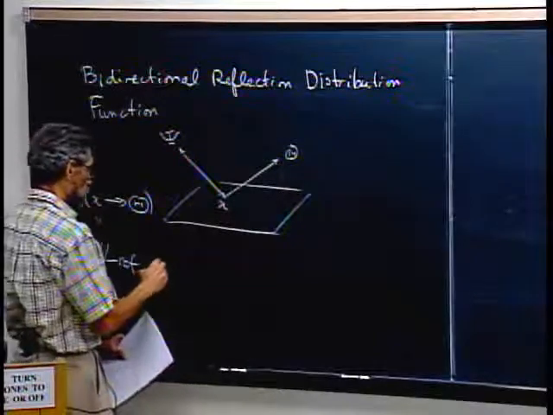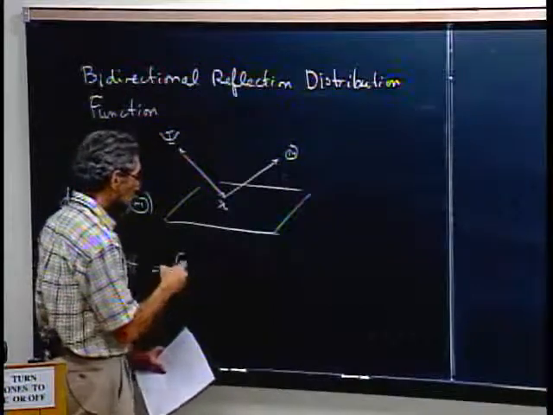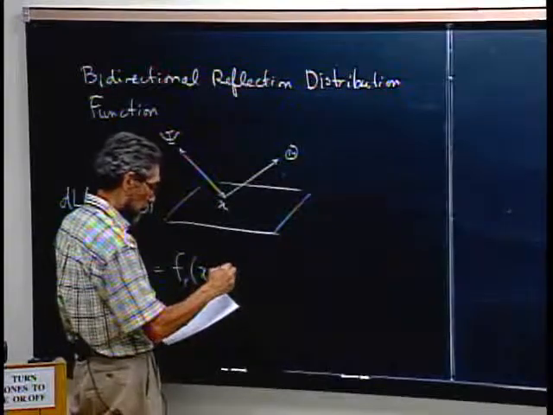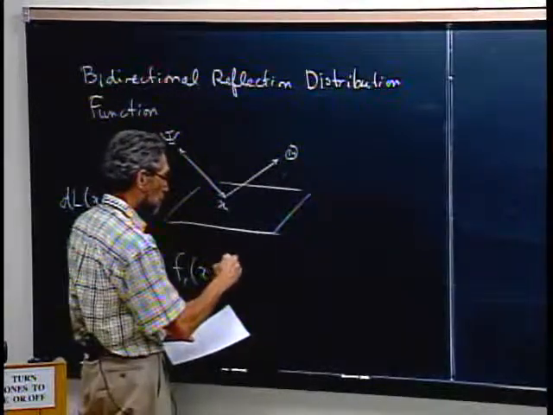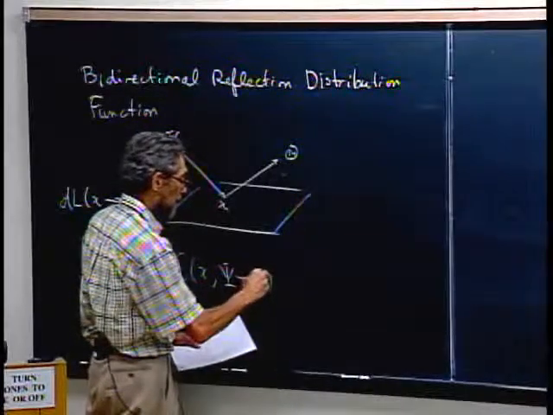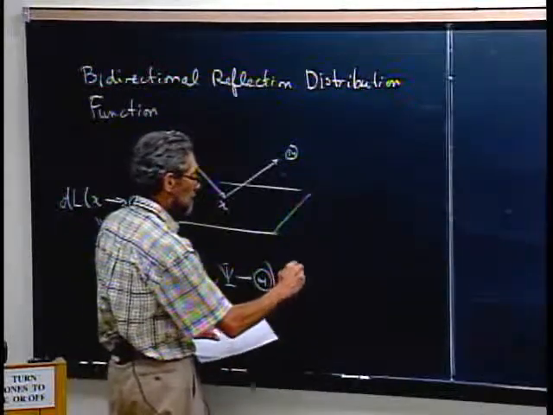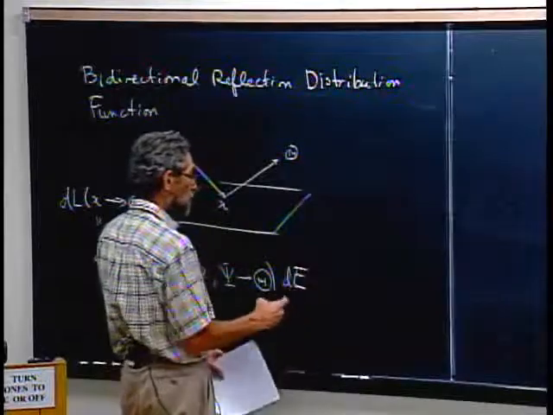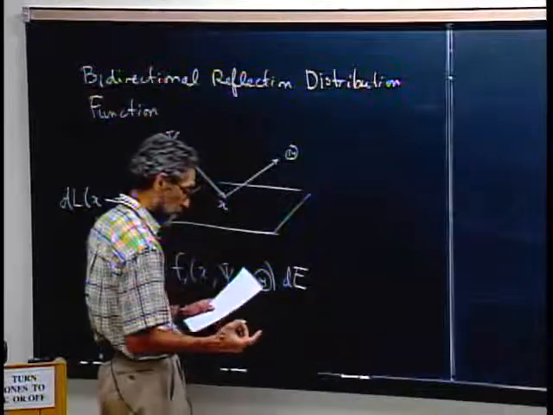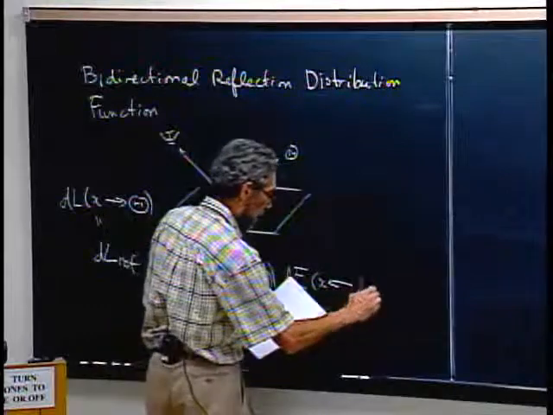And what I want is a function which will, it's a constant multiple. Well, it's not a constant because it can depend on the position and it can depend on the two angles, which the book denotes by writing angle psi reflecting into angle theta with an arrow. And what that multiplies is the amount of irradiance that comes in from an angle psi.